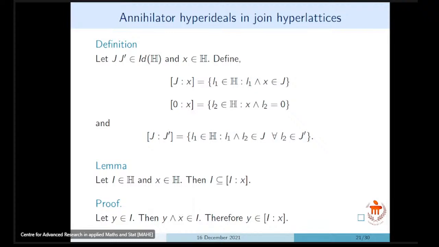We can see that for any ideal I and element X belonging to H, I is contained in the annihilator of I with respect to X.